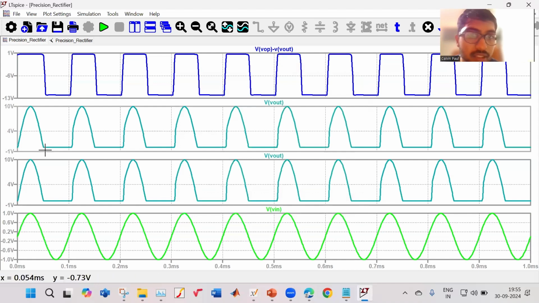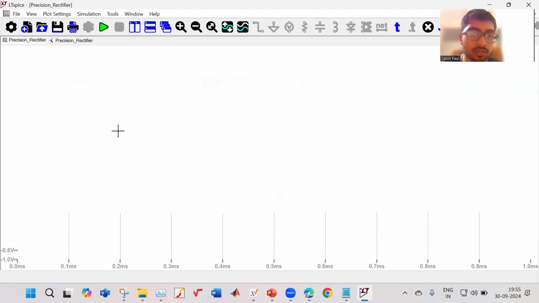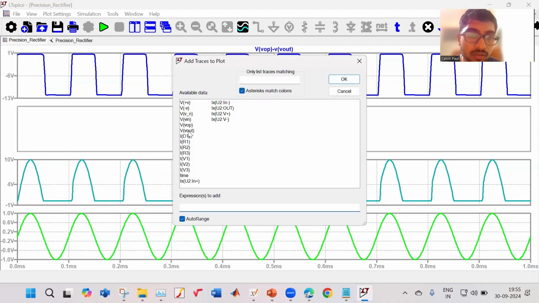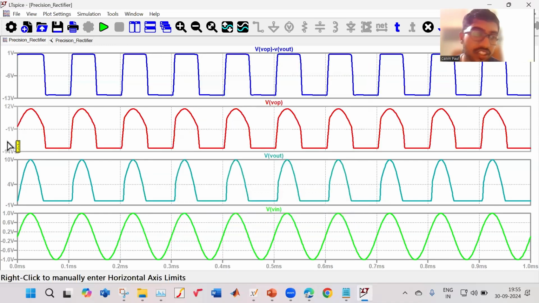So what is happening is, sorry, this is the output of your op amp. So when your input is negative, your op amp will saturate at a negative value. So it'll be minus 12 volt, minus some voltage. Okay. This is a negative voltage at the output of the op amp.